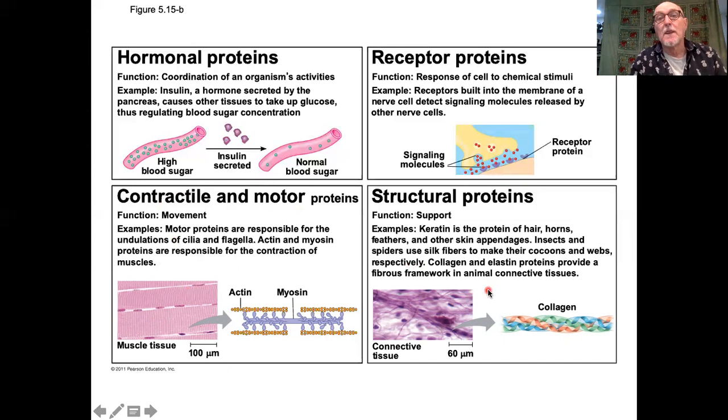Next, we've said like 50% of the dry mass of the cell arises because the cell has so much protein, and much of that protein is structural protein. It is protein which builds the structure of the cell.